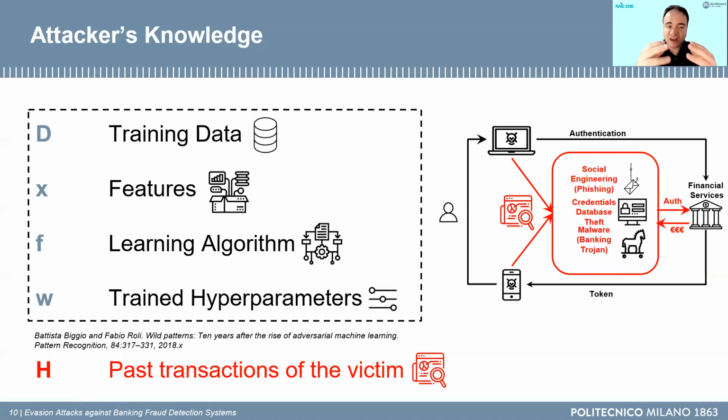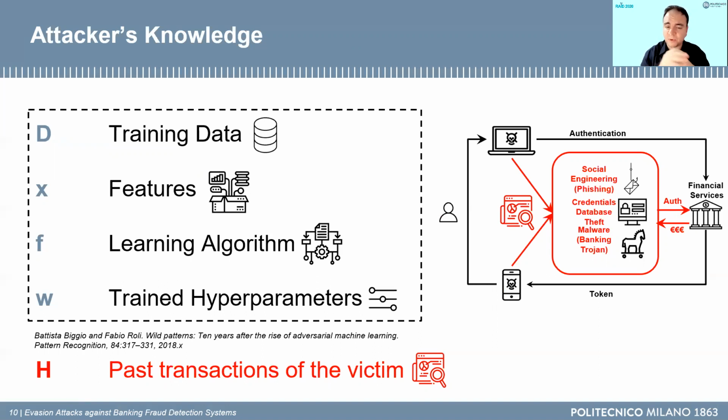We extended this modelization by adding an additional term that represents the knowledge of the attacker with respect to past transactions of the victim. In fact, as already anticipated before, this knowledge is necessary to compute aggregated features used by the adversarial machine learning methods employed in this work.